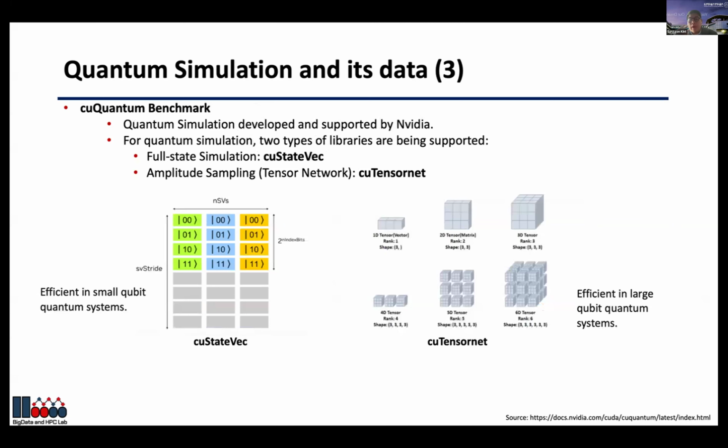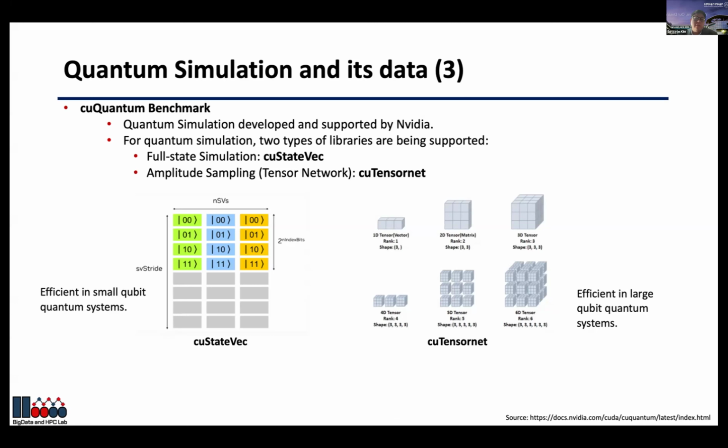So after we found the problem, what we did was we looked at the quantum simulation benchmarks. While there are many other benchmarks, we looked at cuQuantum, which was developed by NVIDIA, and they have two different libraries to support the quantum simulation.